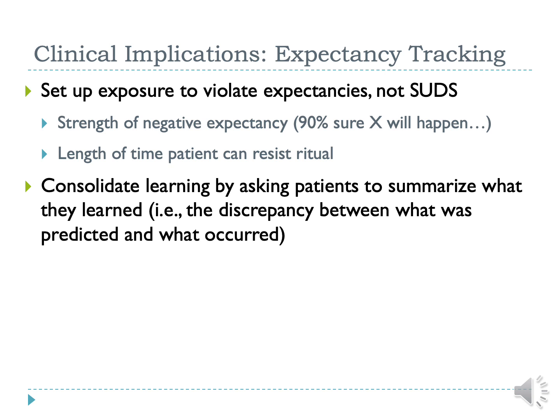What we want to do, as far as how we put this into practice, is what Michelle Krass calls expectancy tracking. So we're going to really set up the exposures to violate the expectations. We're not going to worry about SUDS. We're not going to worry about anxiety. And so we can ask the patient, how strongly do you believe that you are going to get sick if you touch the floor today?